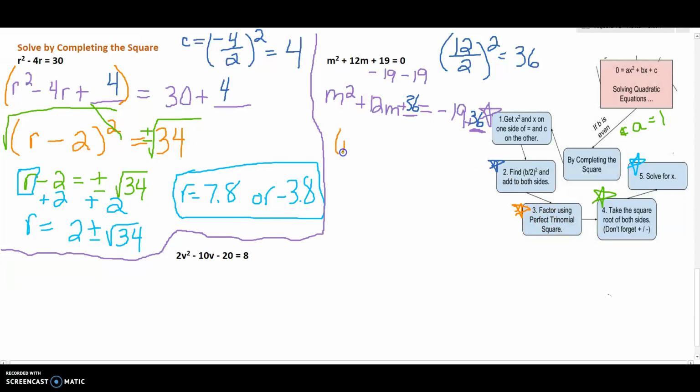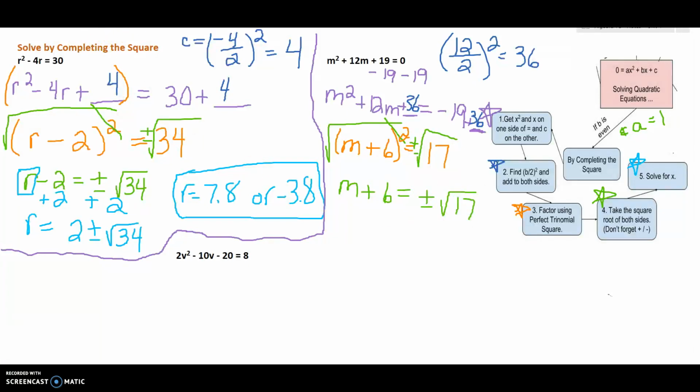So I get m plus 6 squared equals 17. And then I'm going to move to the next step, and I'm going to take the square root of both sides. And when I take the square root, I have to add in that plus and minus. My square root cancels the square, so I get m plus 6 equals plus or minus radical 17.